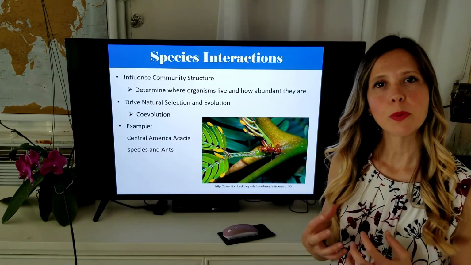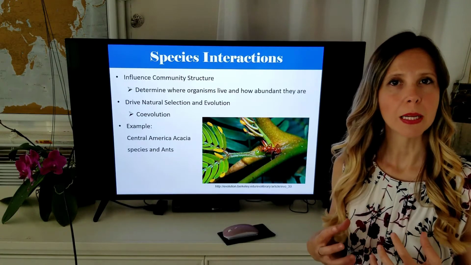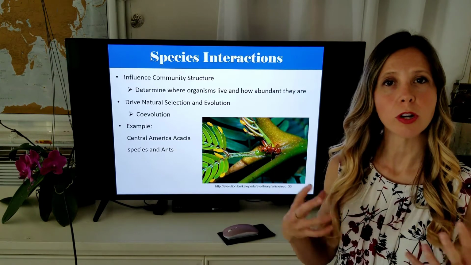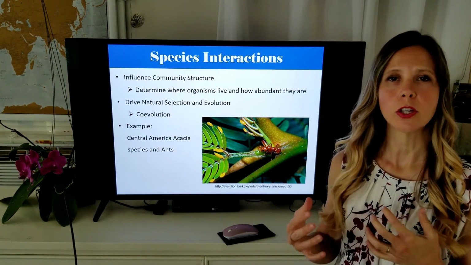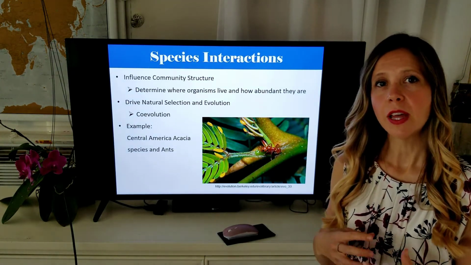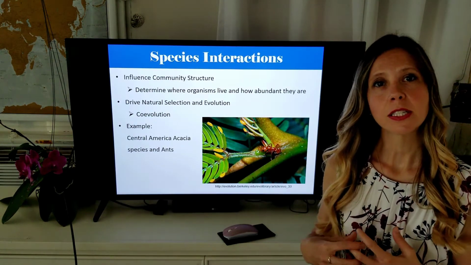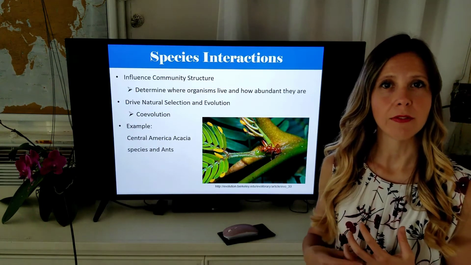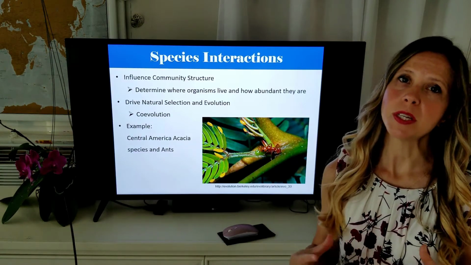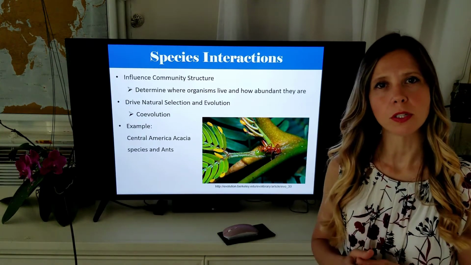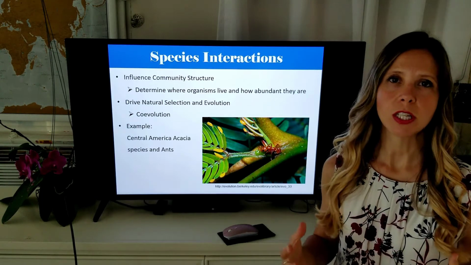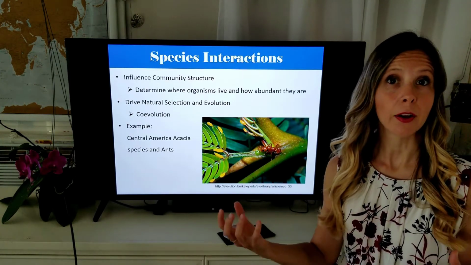The interaction between species within a community is really important because it determines the structure of that community. It determines where organisms are going to live and how abundant they're going to be. These interactions can also drive natural selection and evolution. And when we have two species that evolve together, we call this co-evolution. So for example, let's say we have a plant and a herbivore.